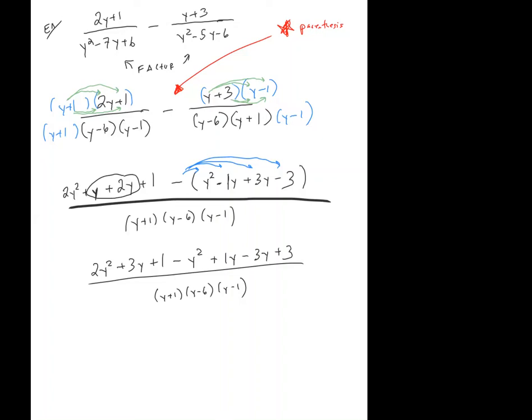All right, so we do that. We're left with what? Looks like y squared, right? 2y squared minus y squared is y squared. Then what do we have? We have 3y plus 1y, that's 4y. 4y minus 3y gives us a positive y.